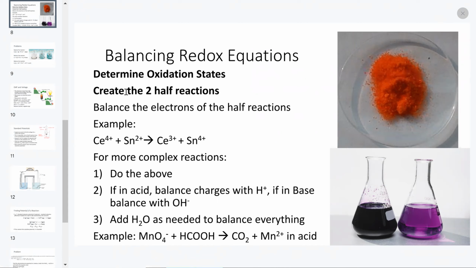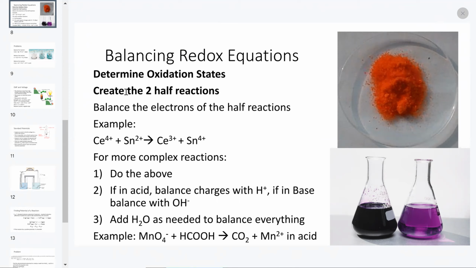And then, using these oxidation states, we can create 2 half reactions. Once we've created the half reactions, all we need to do is balance the electrons in each of the half reactions. And that's all you need to do for some simple redox reactions.